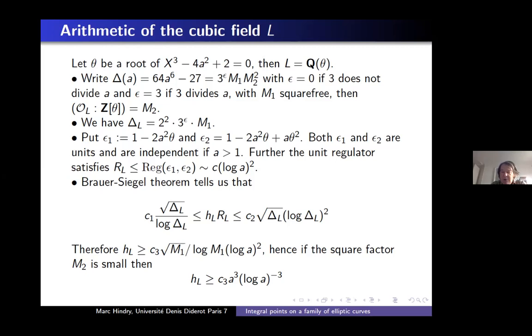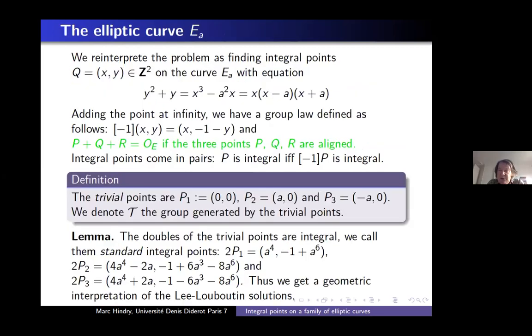So now I want to go to elliptic curves, which is the main topic of this talk. We rephrase the problem as finding integral points on the curve with the equation that I have written again, and this time I have not forgotten the x.